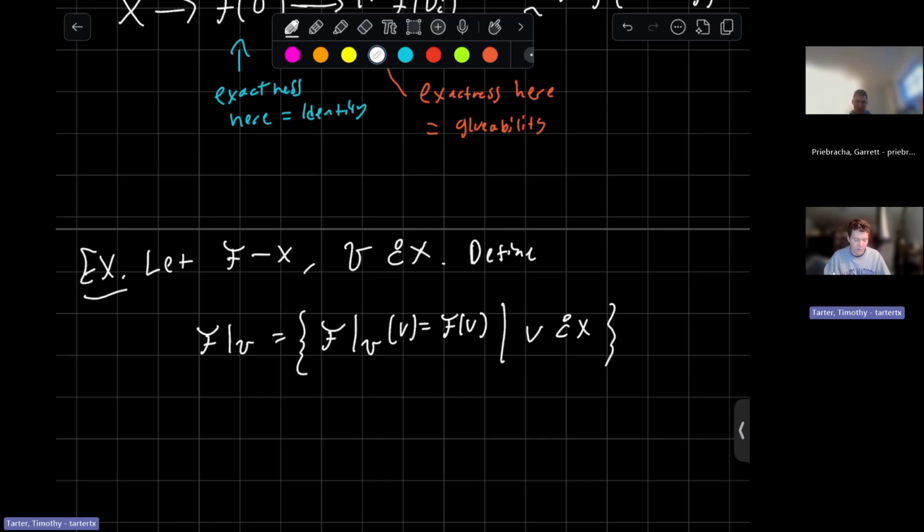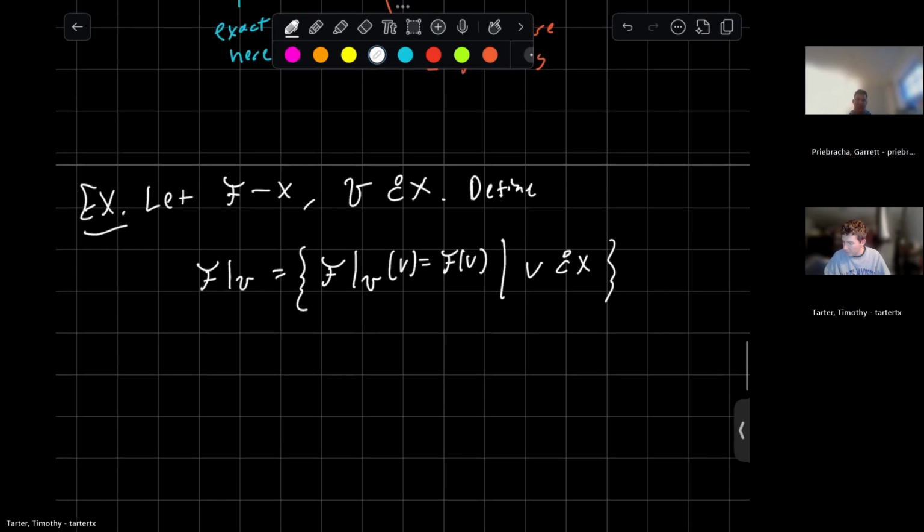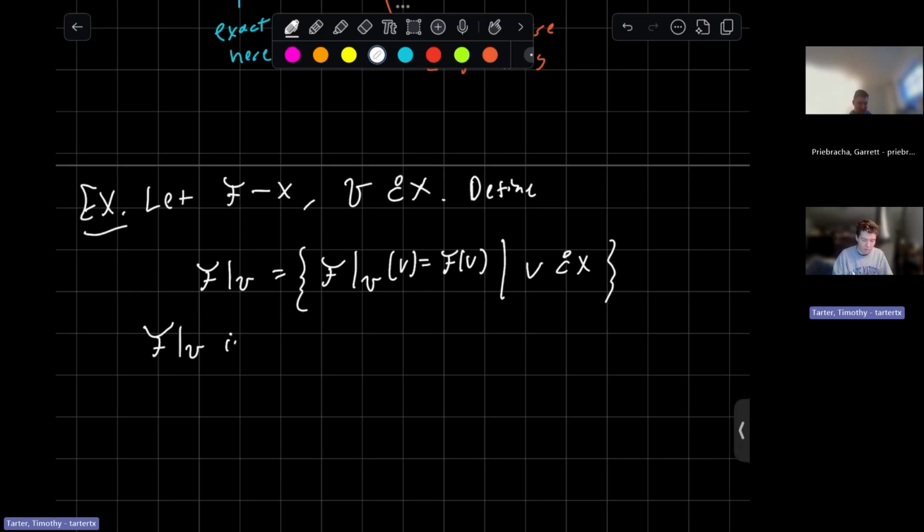I think it's just that it's a sub-open subset. Okay. Then the restriction is a sheaf.